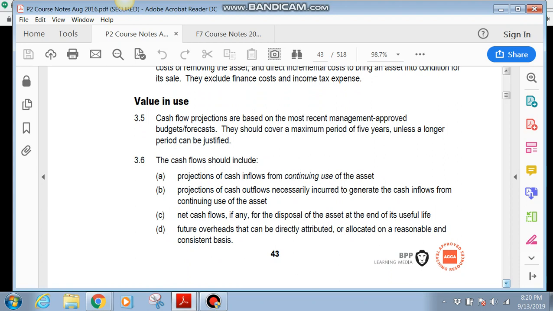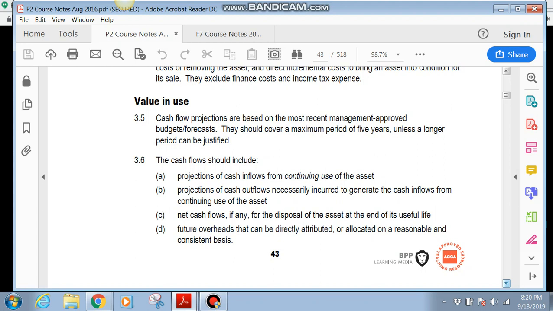Most exam questions usually will give you a 3-year period of cash flow projections. These cash flow projections, you have to discount them to the present. Then you sum them up. That gives you the value in use. Okay?